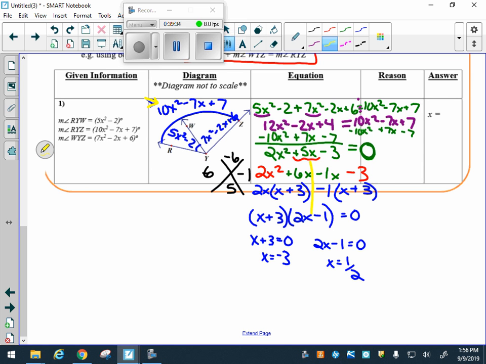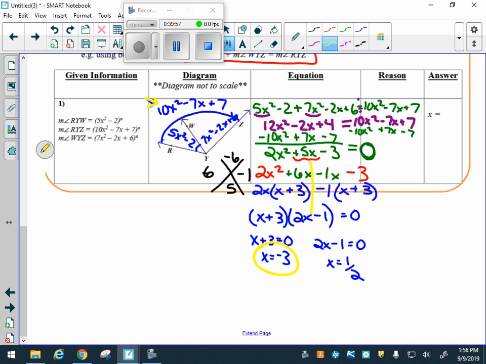Yeah, so I don't have to worry about that. And then negative 7 times negative 3 is going to be positive, so that's going to turn out positive. I don't really have to figure out what the degree measure is unless I'm asked for that. If I plug it in here, still positive, minus 2, chances are, that's 9 times 5 is 45, and that's going to be positive. This is going to all be positive.